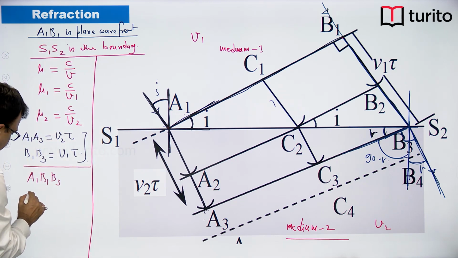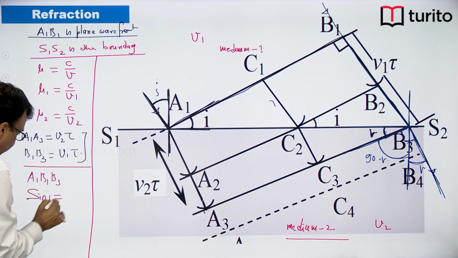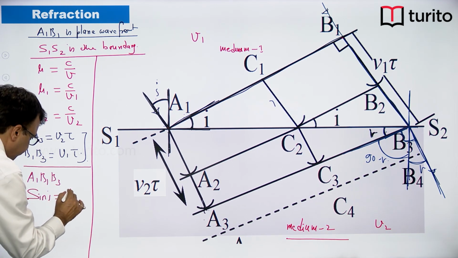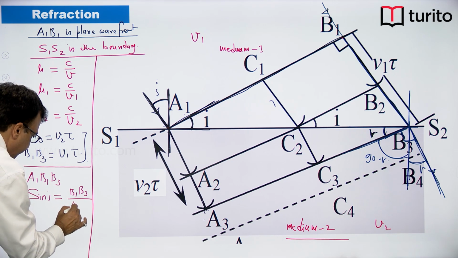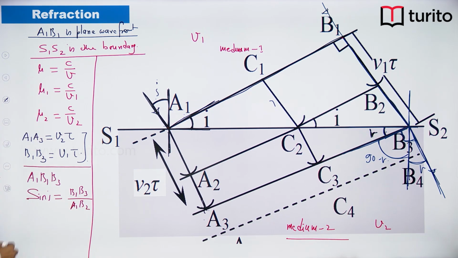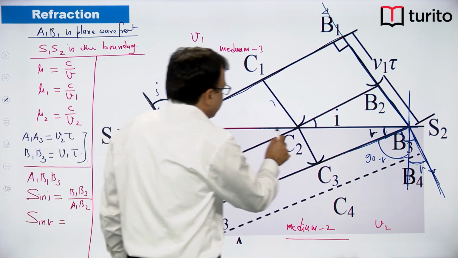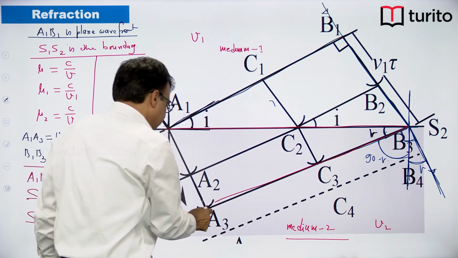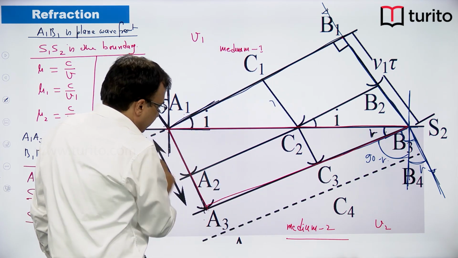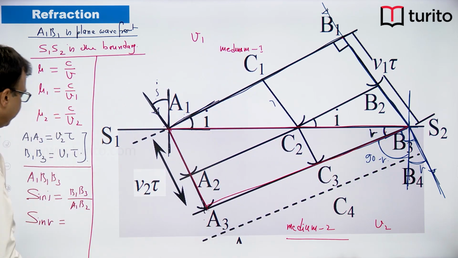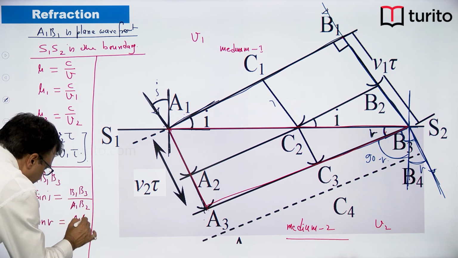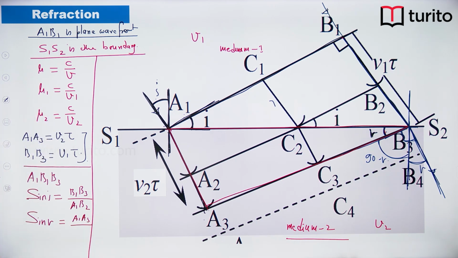So, I am taking sin I. Sin I equals perpendicular B1 B3 upon hypotenuse A1 B3. This is sin I, and what is sin R? Sin R I am taking in the right angle triangle which has the common hypotenuse. This triangle A1 A3 B3. In this, sin R equals perpendicular A1 A3 upon hypotenuse A1 B3.